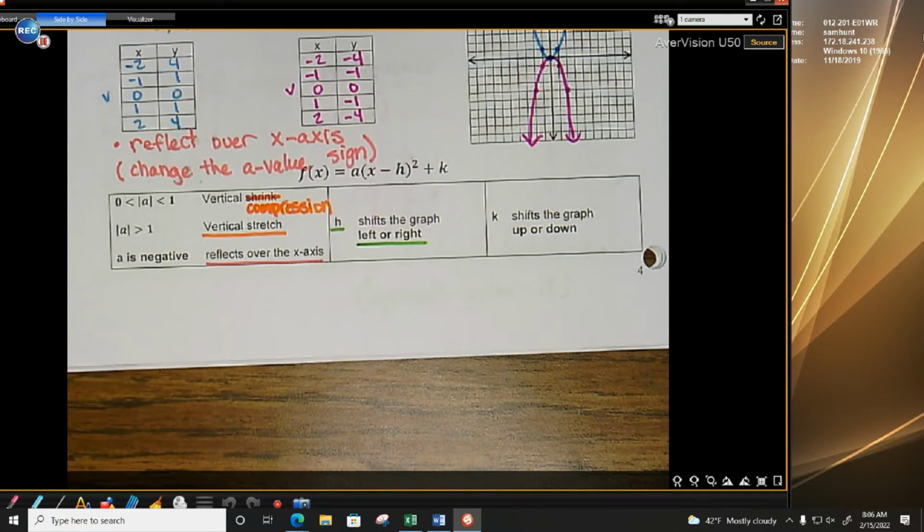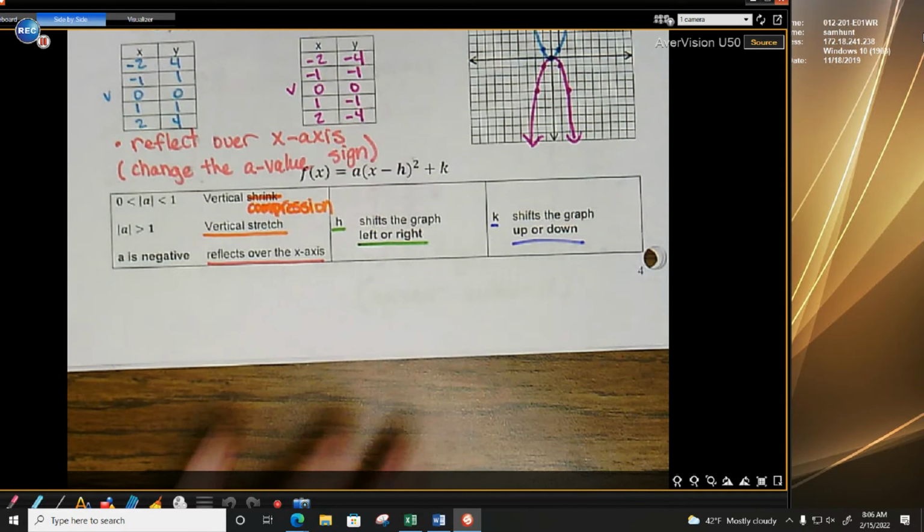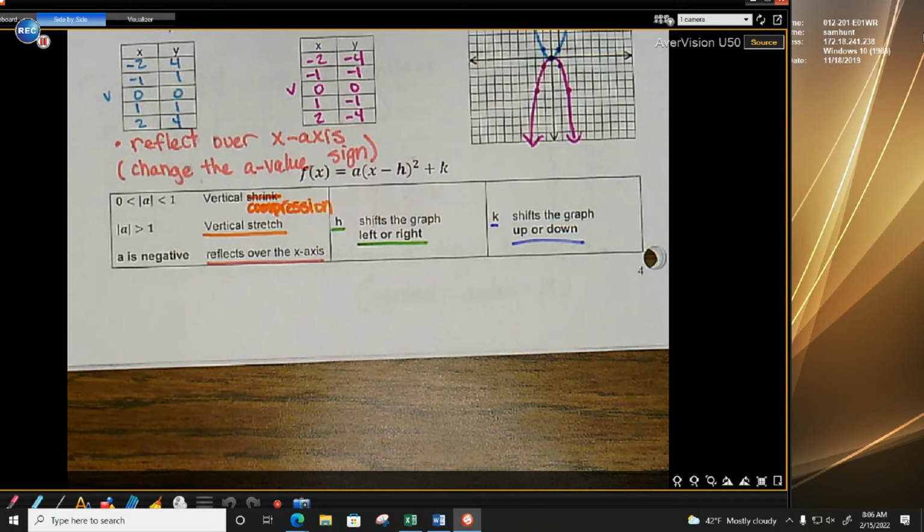It could go either way. h goes left, right. And then k shifts you up or down. If k is positive, you're up. If k is negative, you shift down. So there are 4 different transformations we can do with each of these functions. Will you always have all 4? No, we just did 4 examples where there was only one change on each graph.